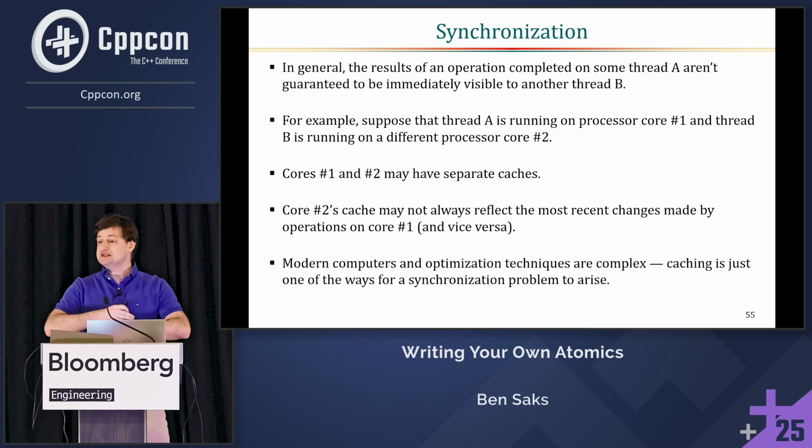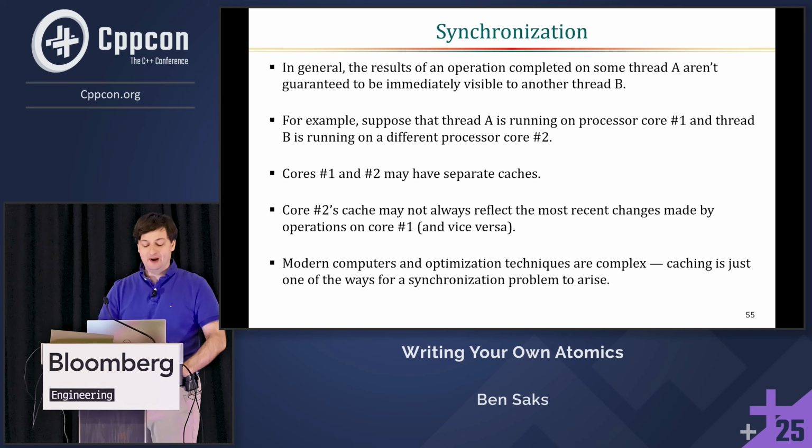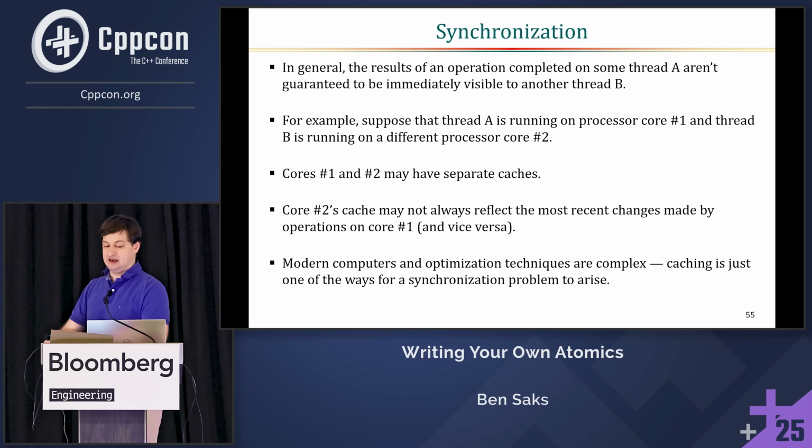As I said, that's just meant to be one example. Modern computers, modern optimization is a pretty complex set of stuff, so there are lots of ways that this kind of thing can happen, that these synchronization problems can arise.